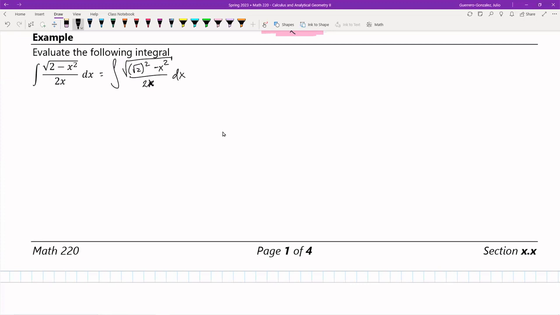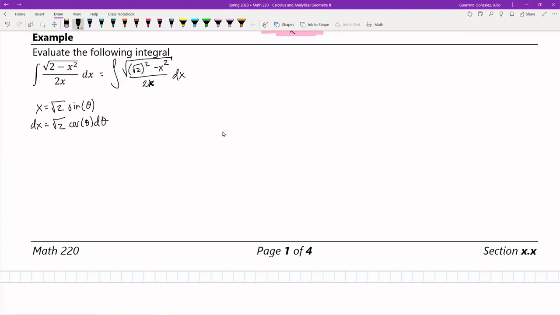Now that I have that rewrite, this points out what my trigonometric substitution should be. So if you thought it out, my x should be equal to root 2 sine of theta, which means my dx should be root 2 cosine theta d theta.